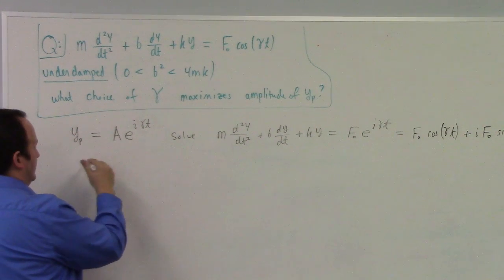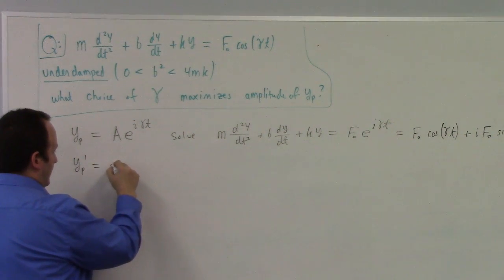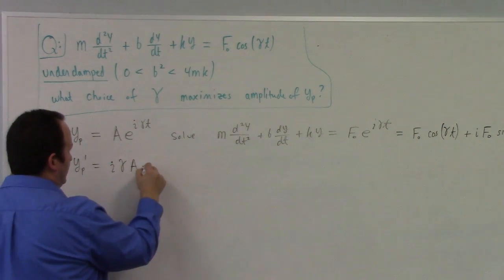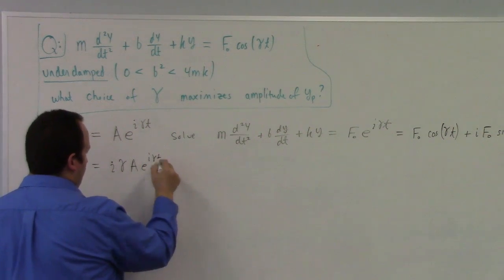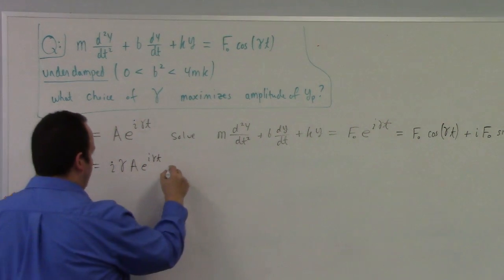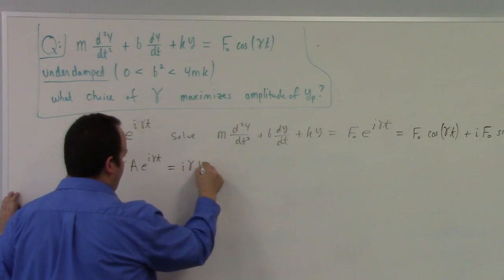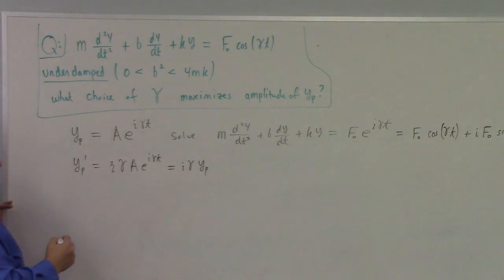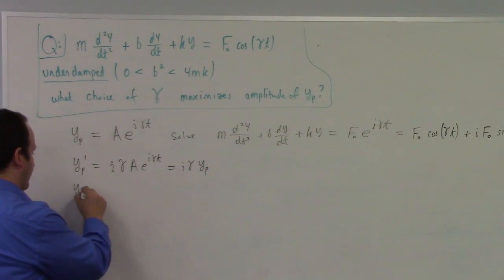So if yp is this, what's yp prime? I gamma A e to the I gamma t, or, as I might prefer, I gamma yp. What's yp prime prime?